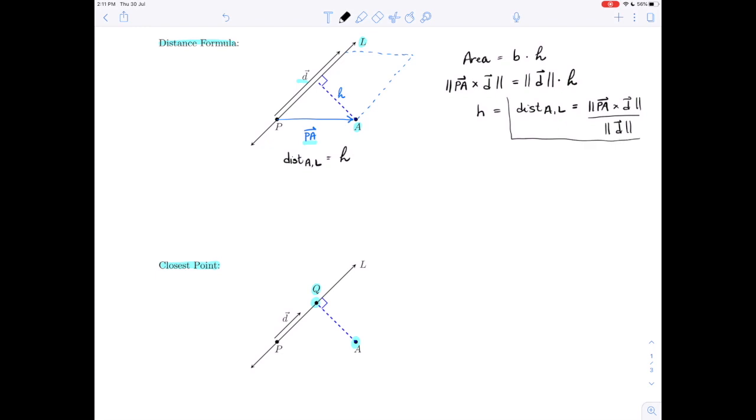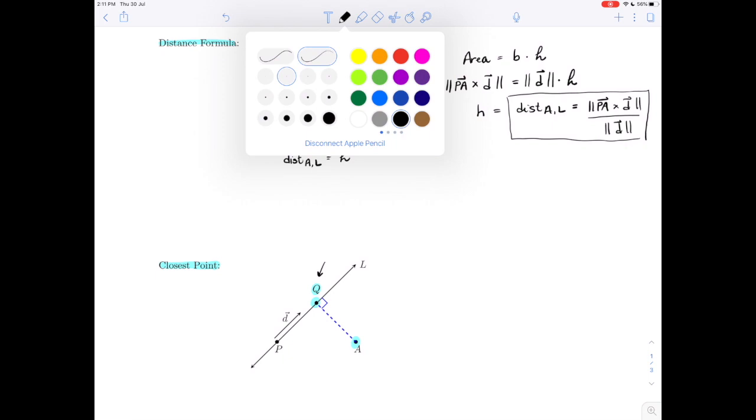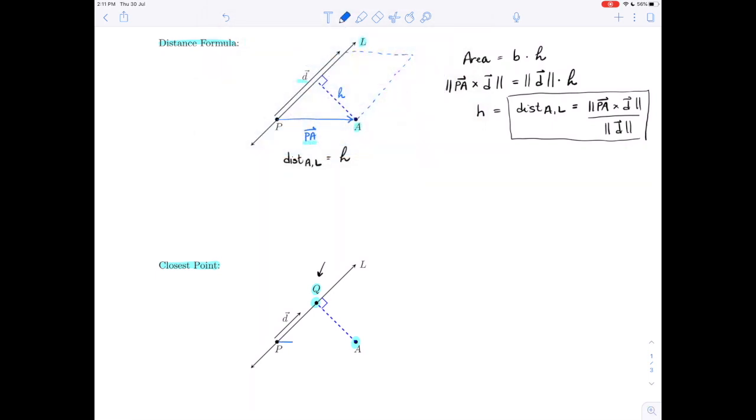If all we need to know is the distance from a point to a line, we can use this vector-based formula to calculate that. Now, if we want more than that, if we actually want to know this point Q, our closest point, we can start out the same way, by constructing a vector from the point that we can see on the line to point A, so vector PA.